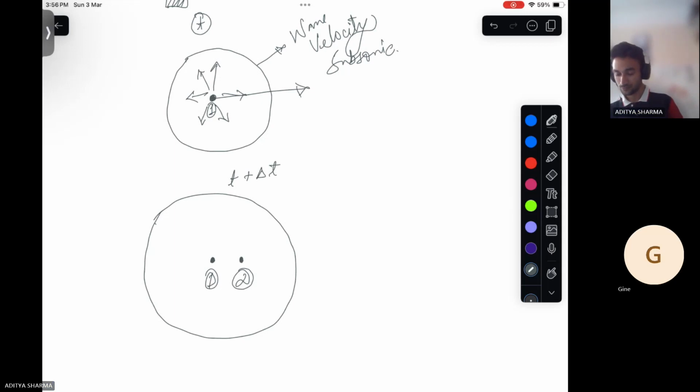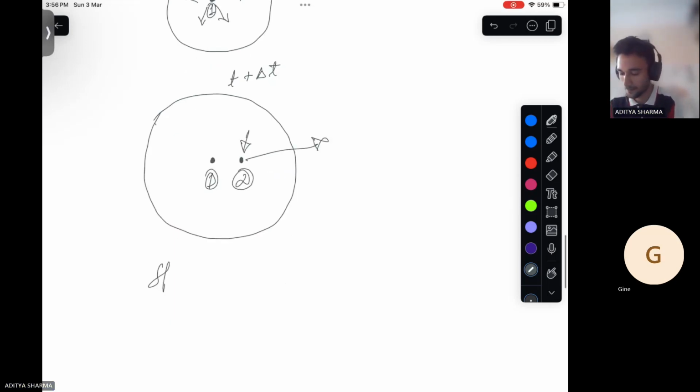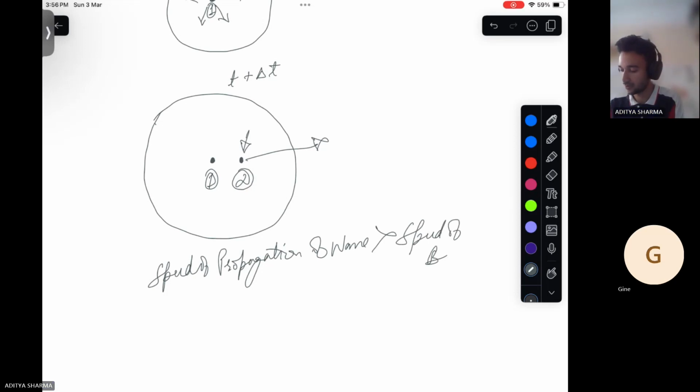So this particular object in any case won't be able to move out of the disturbance of its previous case, because the speed of propagation of the wave is greater than the speed of the body.